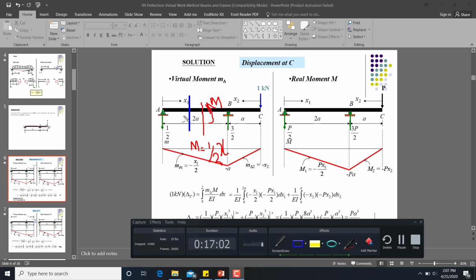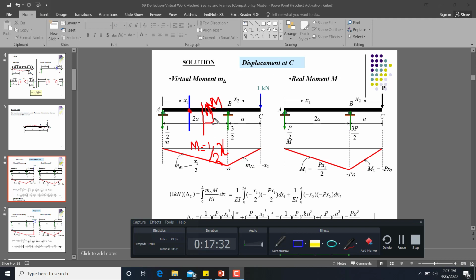You take the moment over here, and your assumed direction of moment is clockwise, and the moment due to this reaction is counterclockwise, and then half reaction, 1 over 2, multiplied by x distance, minus this moment m.